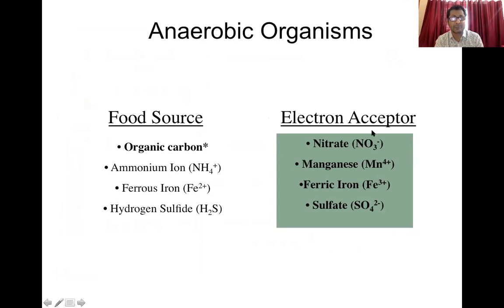And electron acceptors are not oxygen, because this is an anaerobic organism, but nitrate, manganese, ferric ion, or sulfate. So you understand my point? Here there's a difference. Here oxygen is not an electron acceptor. Here the electron acceptors are anything other than oxygen. And food source is all these food sources. Most important one is organic carbon, and the other three are there, right?